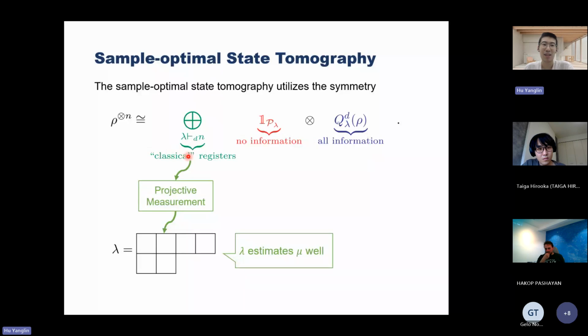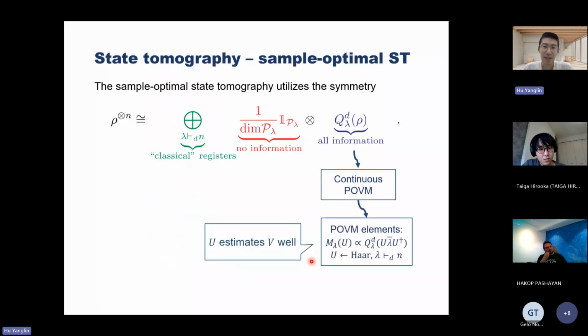So basically, a way to do this is we first perform a projective measurement on this lambda. Once we get this lambda, we will estimate the spectrum of the quantum state very well. And then the next step is we perform a continuous POVM on this Q lambda subspace, and the continuous POVM is proportional to this.